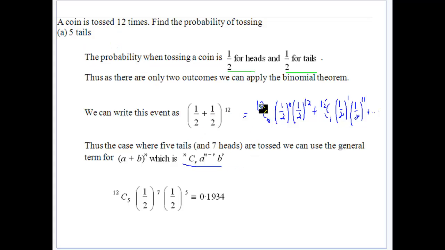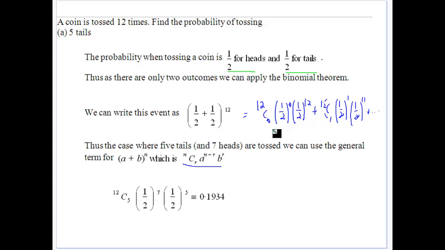So we could have the 12C0 representing no heads and 12 tails. 12C0 would be no heads. 12C1 would be 1 head. 12C2, 2 heads. All the way through to 12C12, which would represent 12 heads. And we could start to work out the probability that that would occur.